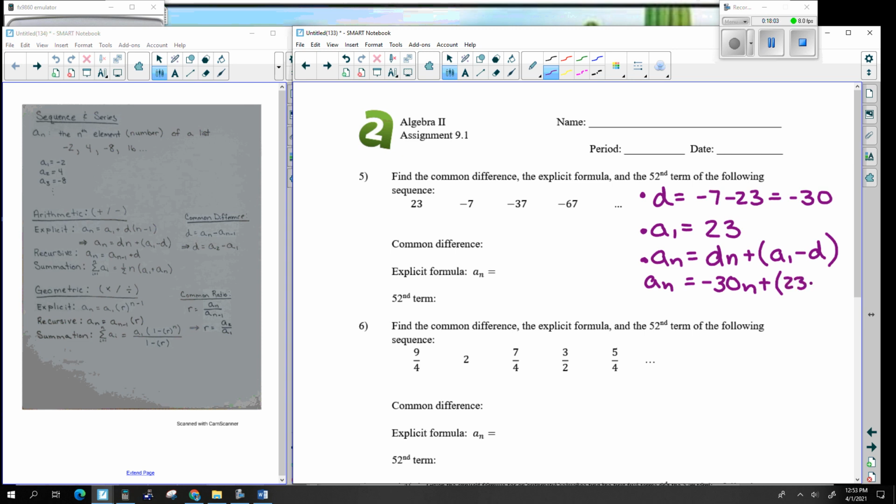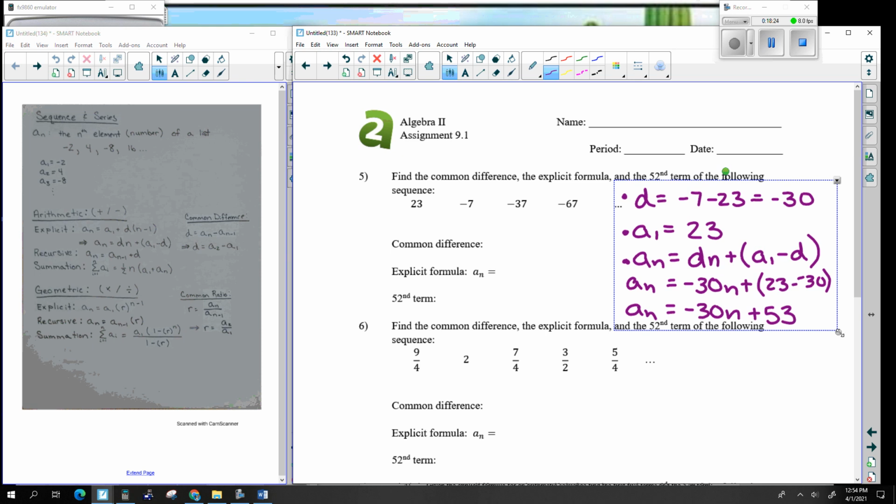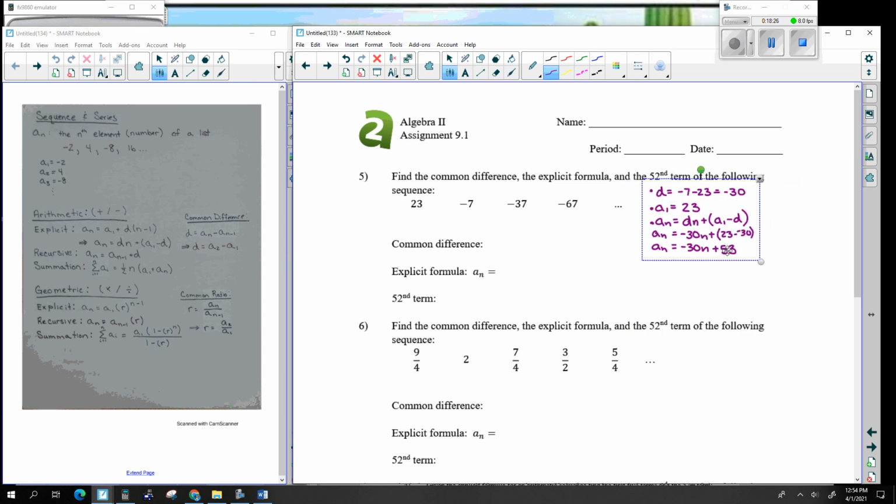So that's 23 minus negative 30. Let me kind of shrink this down just a little bit. And now we get the 52nd number.